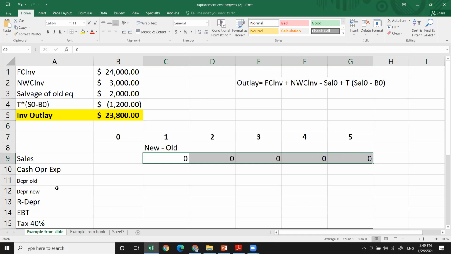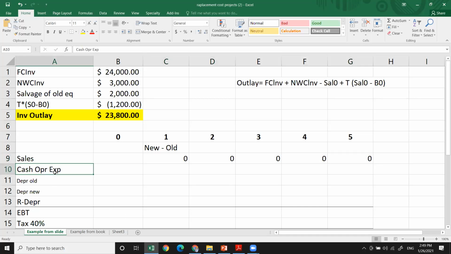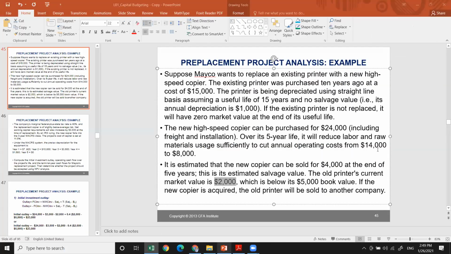But my concern, I'm saving the money in here. My old expense was 14,000 and the new one is 8,000. I'm saving 6,000 each year. So in here it says I cut the annual operational cost from 14 to 8.